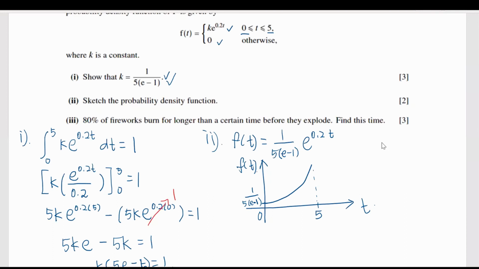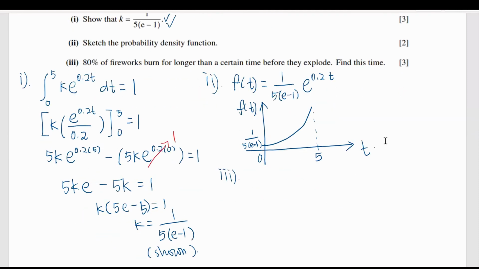So now we look at question part 3. 80% of fireworks burn for longer than a certain time before they explode. Find this time. All right. According to the questions, it means that 80% in this case means the probability, right?